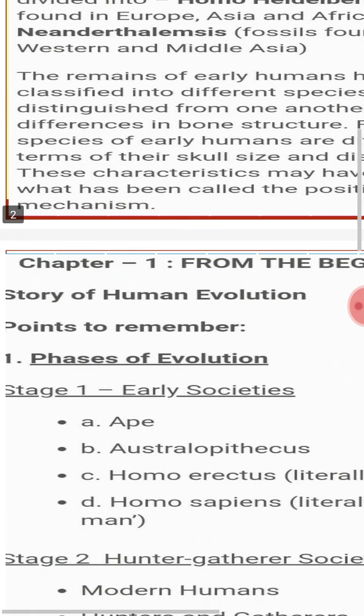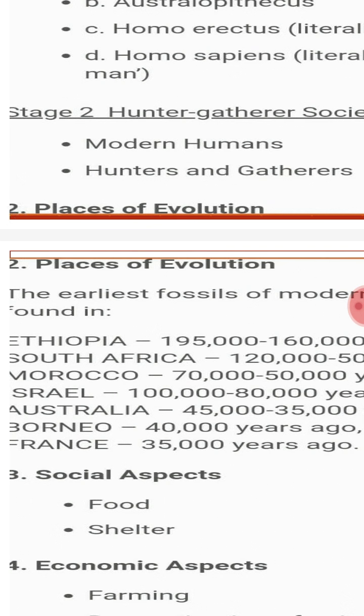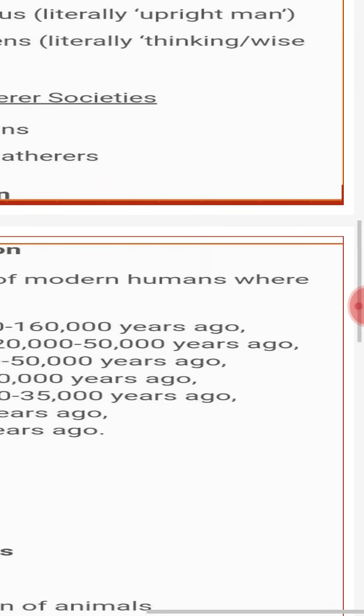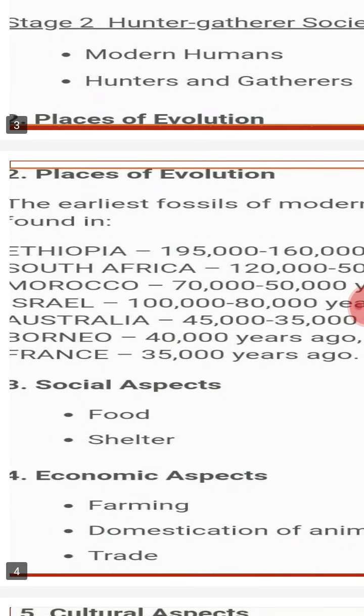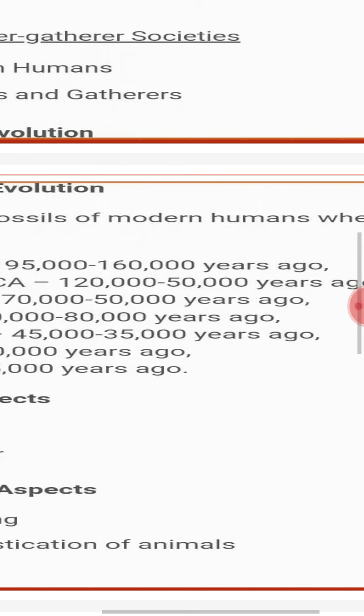Here I am giving you some aspects of fossils and facts about fossils which we found in different parts of the world. The earliest fossils of modern humans were found in Ethiopia, nearly 195,000 to 160,000 years back.